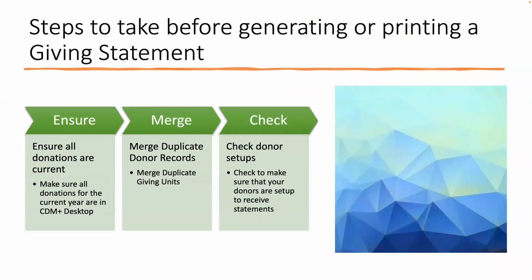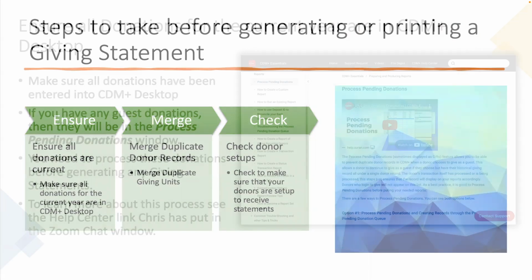And finally, you need to check your donor setups, making sure that your donors are set up to receive statements. We're going to look at each of these areas in a little bit of detail, and then after that, we'll get into the actual generating and printing of a giving statement.